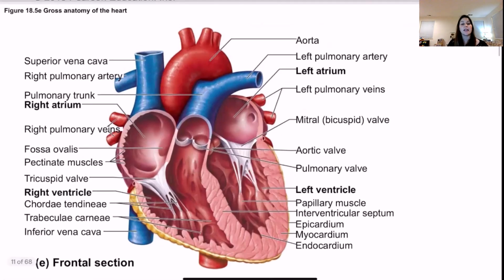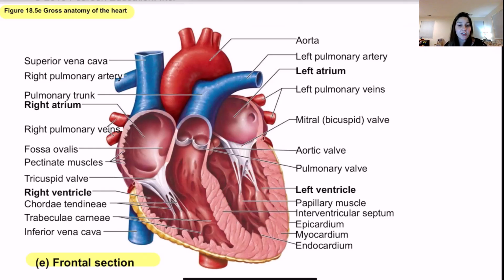So here is a picture of the chambers of the heart, and I can tell because we have gross anatomy of the heart, and this is a frontal section. A frontal section is a slice like this, down the front, or a coronal section. Now we can see inside the heart, we can see those chambers. We have the right atrium and the right ventricle, and then the left atrium and the left ventricle.